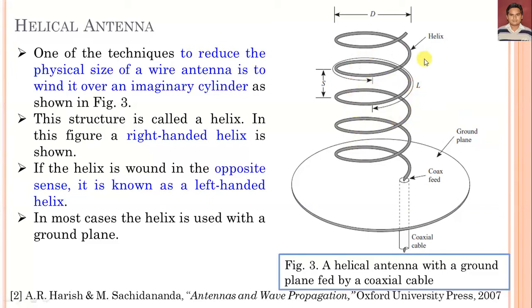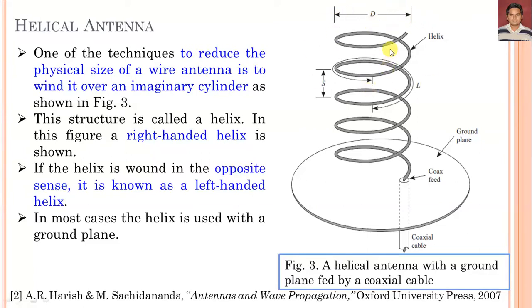In most cases, the helix is used with a ground plane, and we can understand the geometry of this helical antenna. This is a right-handed helical antenna, or helix, in which the spacing between the turns is S, the length of one turn is L, and D is the diameter of the helix.